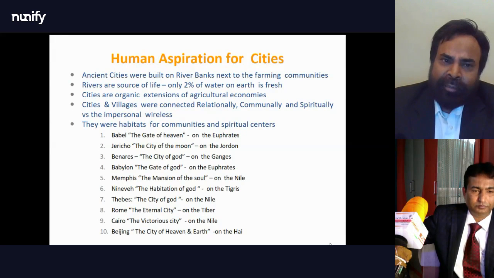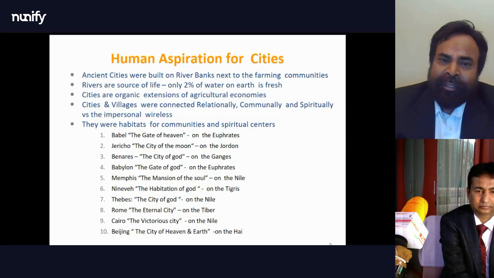And you can see a number of them. These were habitations for communities and spiritual centers. You can see the names of these cities, very famous cities that we read in history. Babel, the gate of heaven on the banks of Euphrates. Jericho, the city of the moon, God, on River Jordan. Benares, the city of God on Ganges. Babylon, the gate of God on Euphrates.